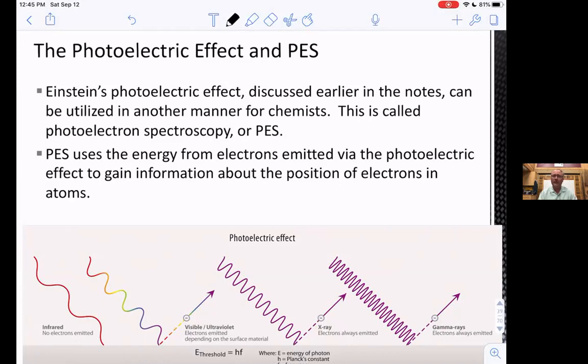But we can see which electrons are being lost and what their distance or position or energy level is relative to the nucleus of the atom. So it's awesome. And to do this, we use something called photoelectron spectroscopy. So it uses that energy from the electrons that are emitted to tell us what their position or distance is from the nucleus. Quite awesome. And how many electrons there are.